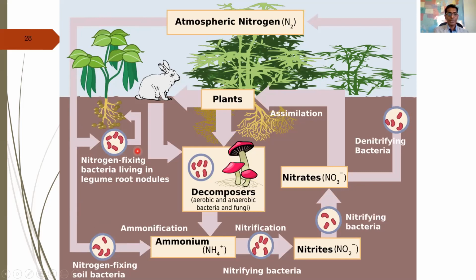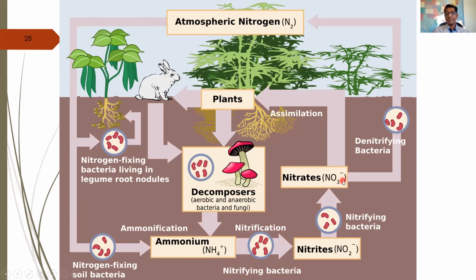Both of these bacteria can convert this free nitrogen gas to ammonium, and this can be further oxidized in the presence of nitrifying bacteria, in a process we call nitrification, to become nitrite and nitrate.